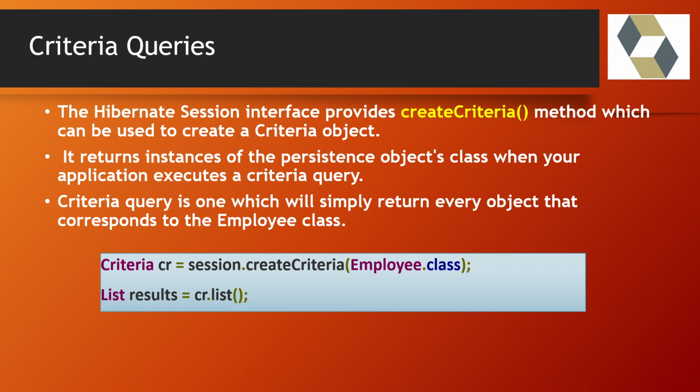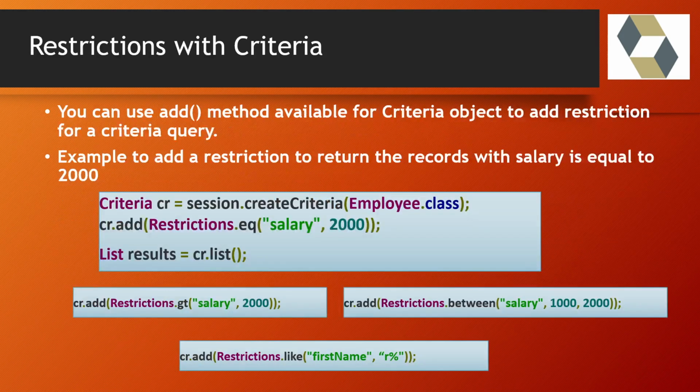Now we are adding filtrations with the add method: Restrictions.eq, Restrictions.gt, Restrictions.like. What is the like operator?